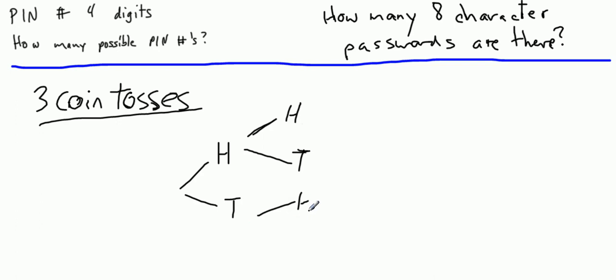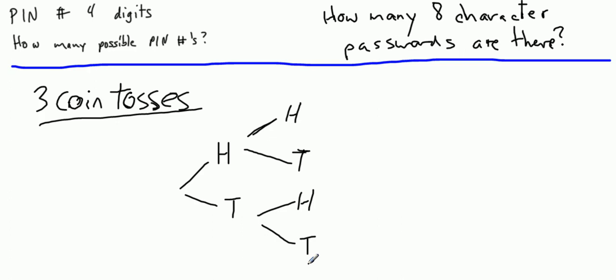Same thing, if you had a tails first, the second coin could be heads or tails. So this is called a tree diagram because each of these paths is considered branching, and you have this multiplied effect here. You had 2 choices for the first coin. Each of those 2 choices had another 2 choices for the second coin.